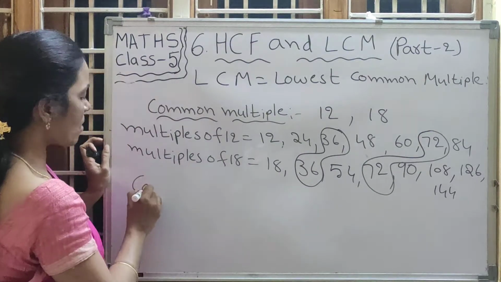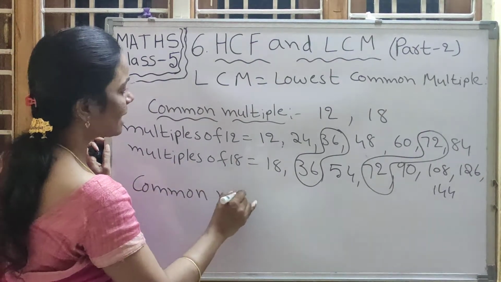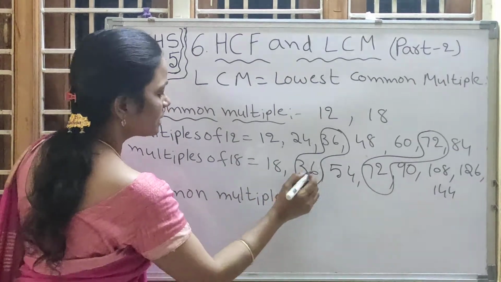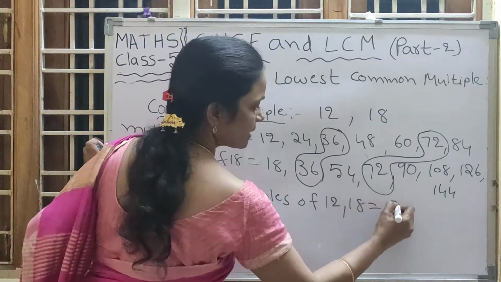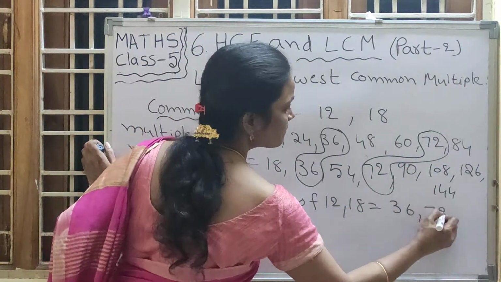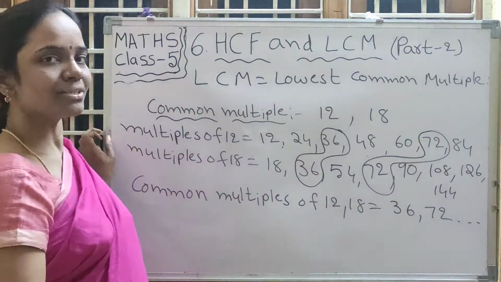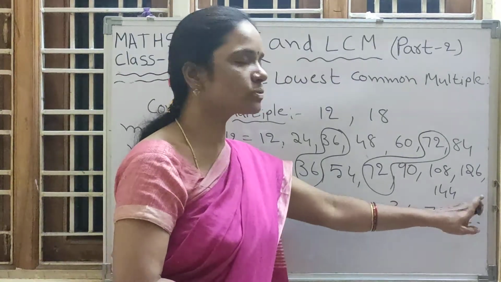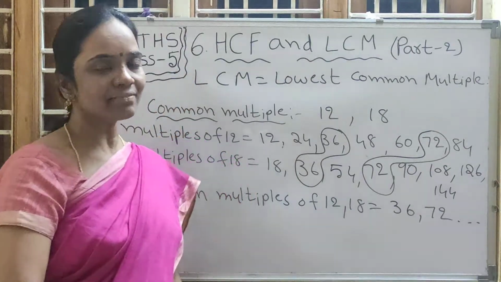Now write down the common multiples of 12, 18. What are those? 36, 72. And we can write and so on, because multiples are uncountable. We can write more, but till 8 numbers only I have taken here. So we got 2, 36 and 72.